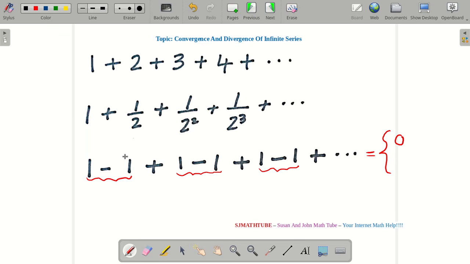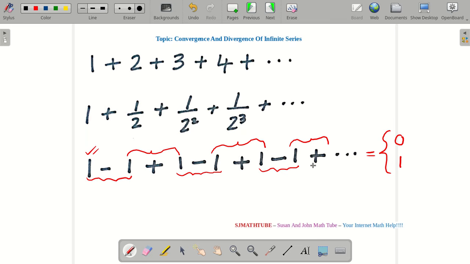But if I group this one, like I'll keep the one here, and then I'll group the second one and the third one, and then these two, and I'll keep on adding like this, because we don't know whether infinity is even or odd. We don't know how many terms are there, we just know it's up to infinity. And if I do such a grouping, I'm going to get the value 1.